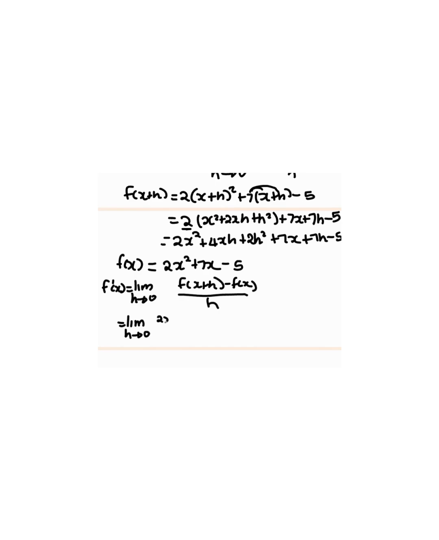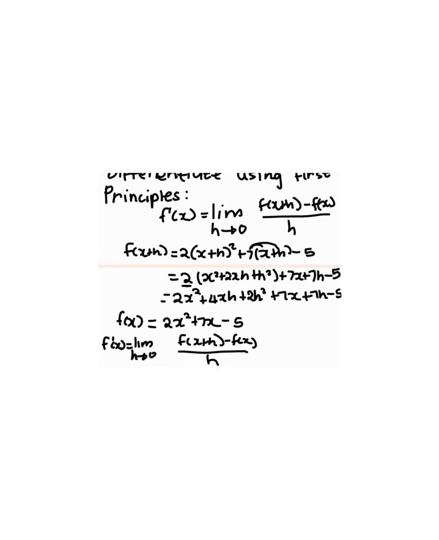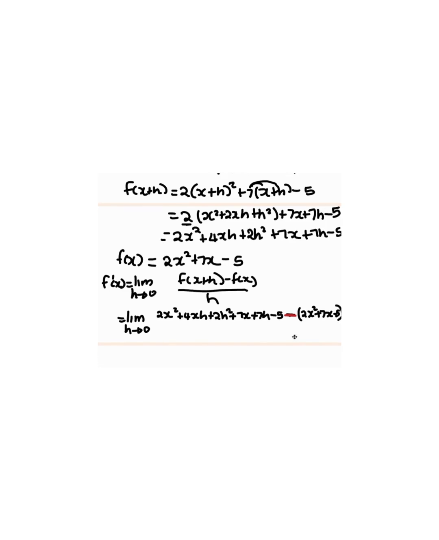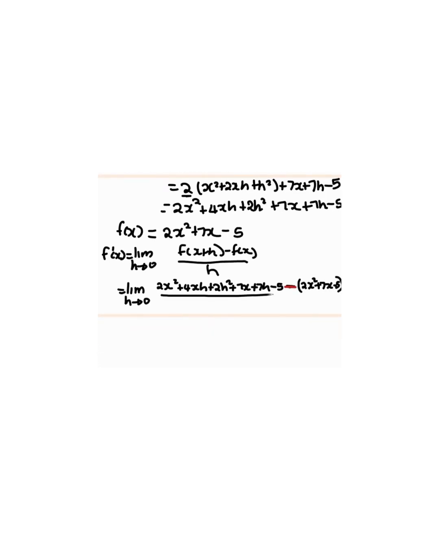So we have 2x squared plus 4xh plus 2h squared plus 7x plus 7h minus 5, minus, this is that red minus over there. And remember, I had said every time you find yourself putting that minus, you put a bracket after that minus. Then you have 2x squared plus 7x minus 5. I hope you're still following, guys. All divided by our h.